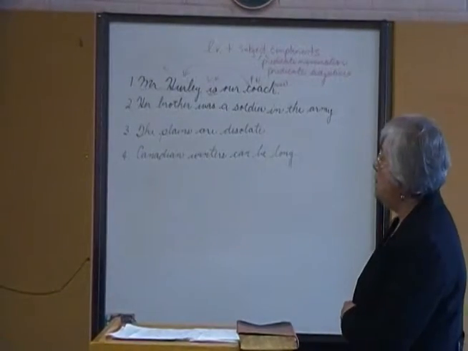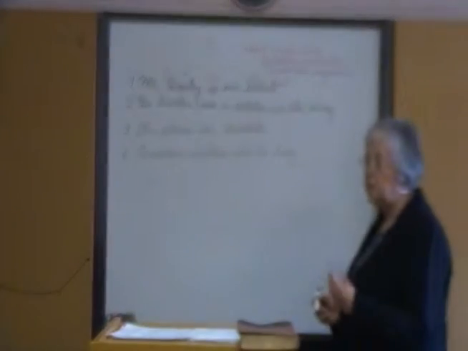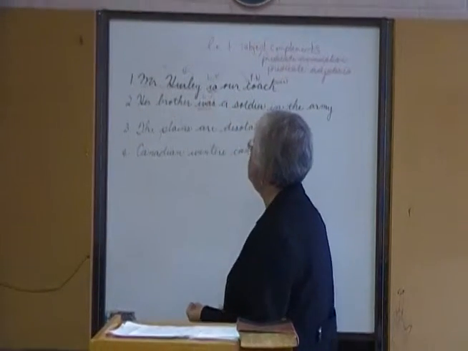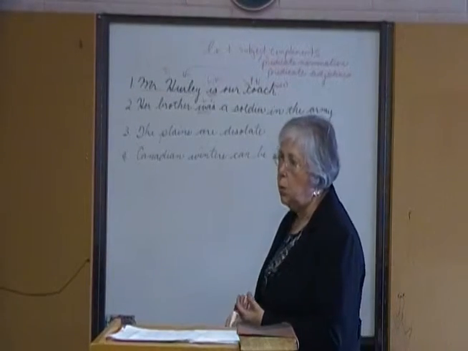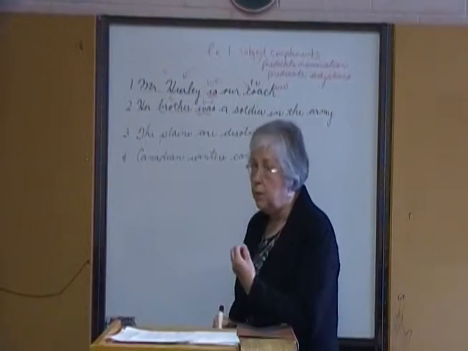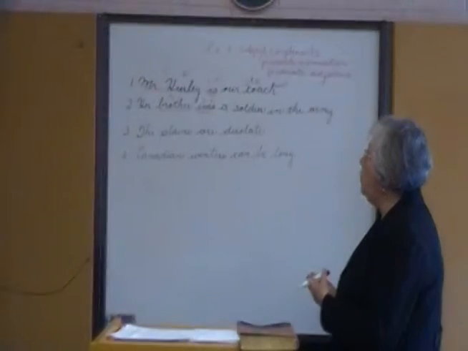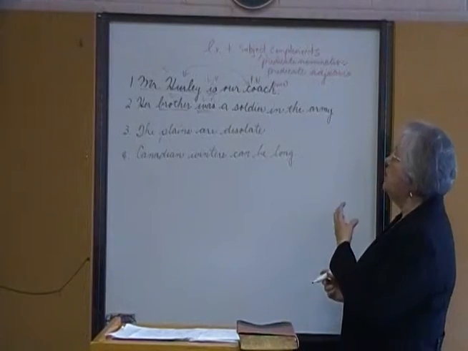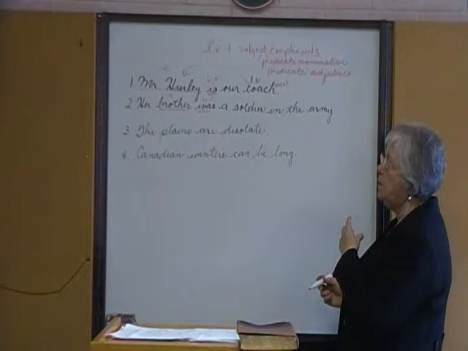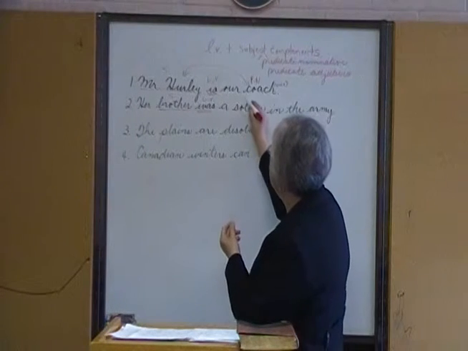All right, it's identifying who Mr. Hurley is. Number 2, her brother was a soldier in the army. Linking verb was, LV. Who or what was? What is the subject? Brother is the subject, and only brother. Her is an adjective modifying brother. All right, what is the subject complement? What's following that's either a noun or an adjective or a pronoun that's identifying or describing the subject? Soldier.